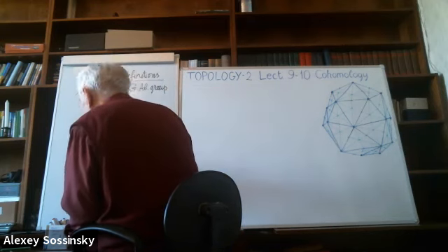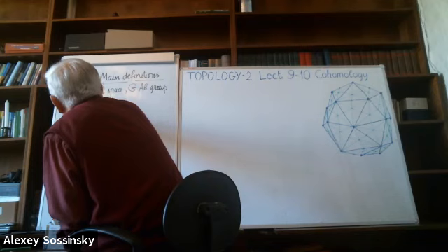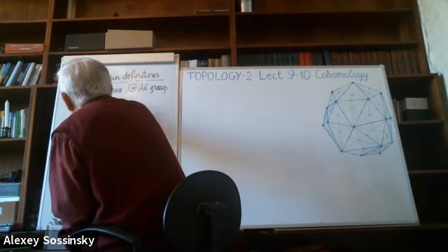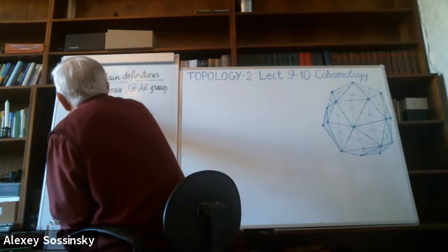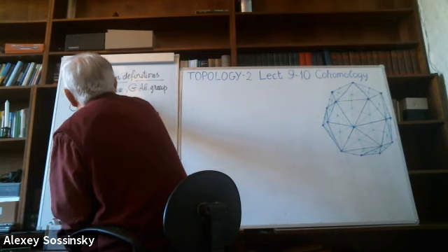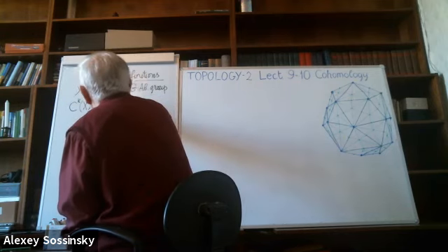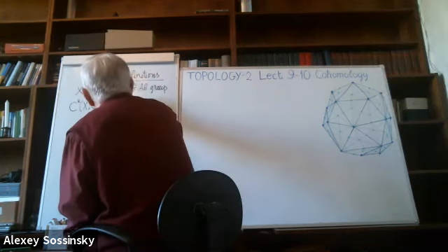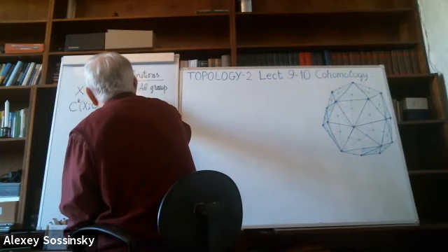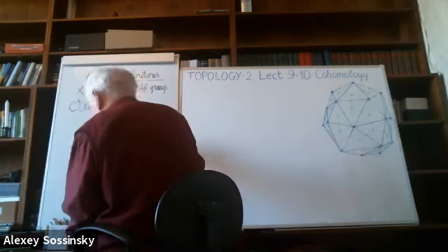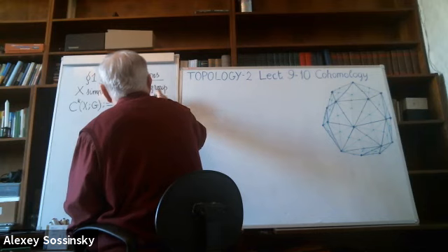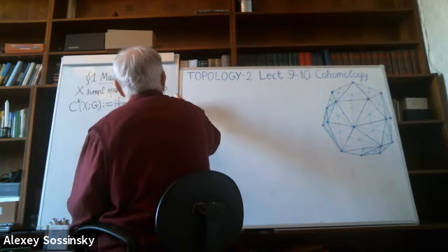Then we define the cochain group C^k(X; G), with coefficients in G, as the set of all homomorphisms, or rather the group of all homomorphisms, of C_k(X) to G.